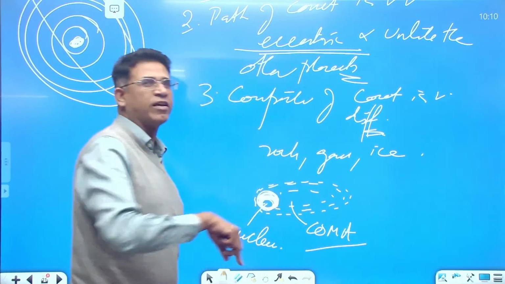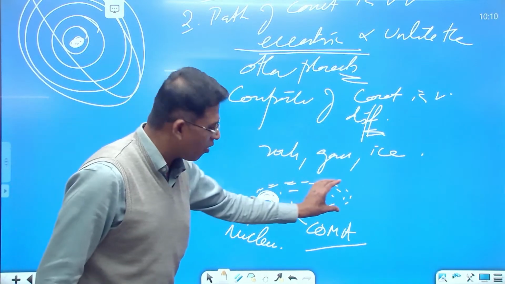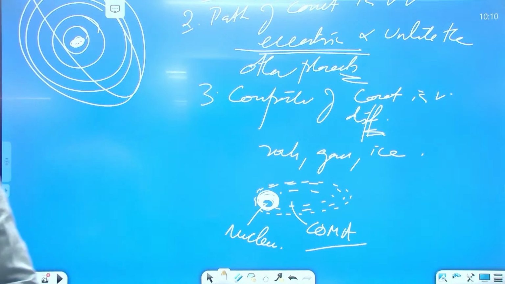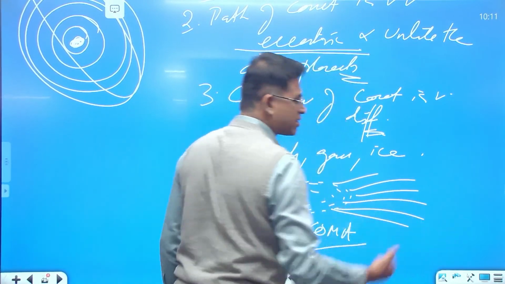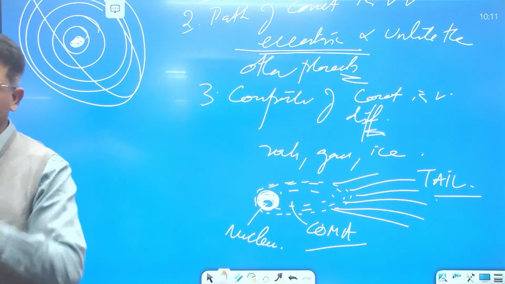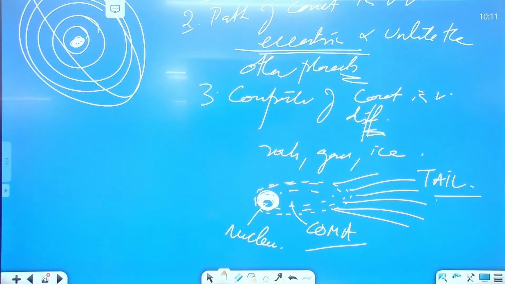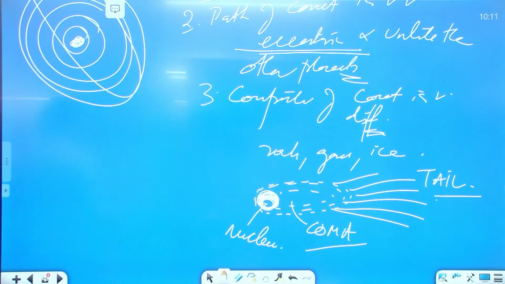Beyond the coma, there lies certain ice, gases, dust. It's called the tail. Every comet will have these three parts: a nucleus, a coma, and a tail. That's why it's very unlike any other planet in terms of composition.